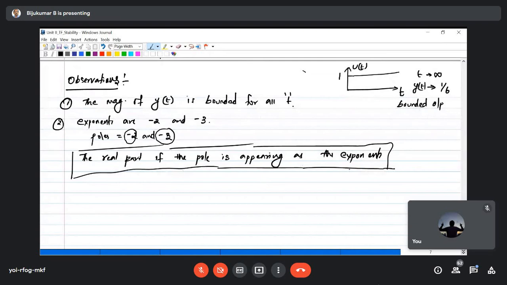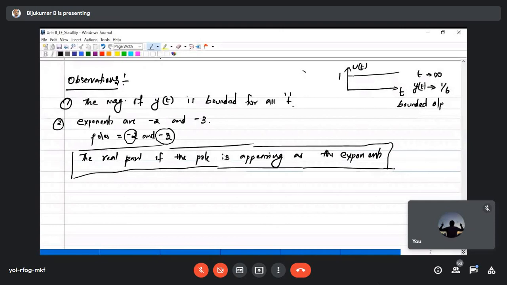So these are the two observations from this analysis. One important observation is that for all t, for this bounded input, the output is also bounded, and the exponents observed in the output response are the real part of the pole.